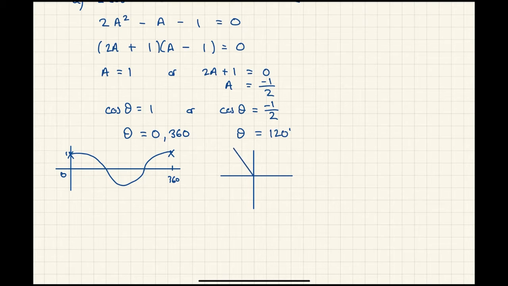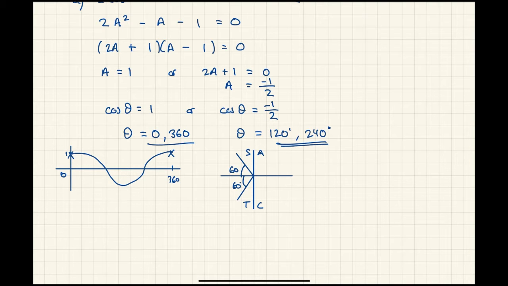So if we go up to 120, 120 of course is in the sine quadrant, which is right because cos theta is negative. And if that's 120, that's 60. The other solution will be here. And so another solution with the 120 will be 180 plus 60, which is 240.